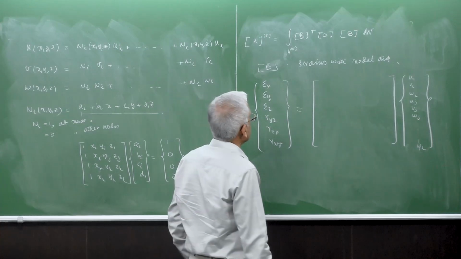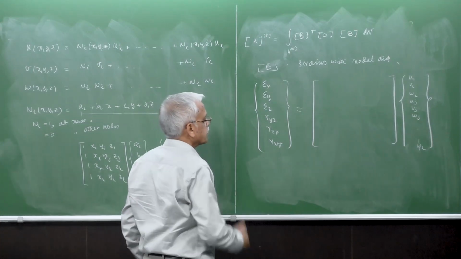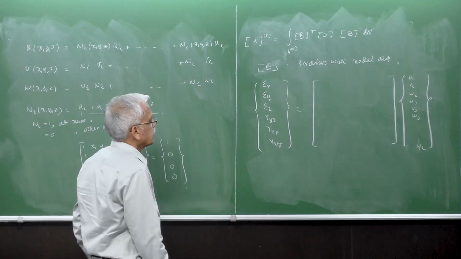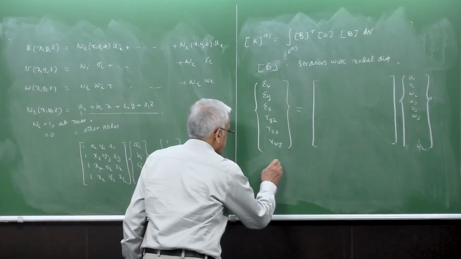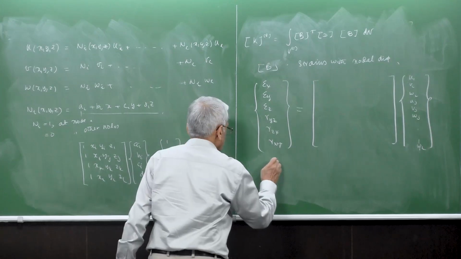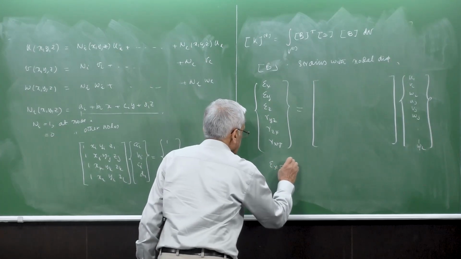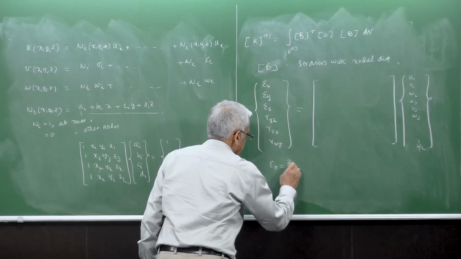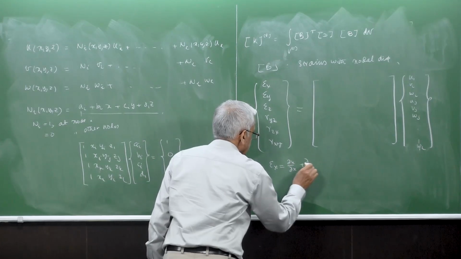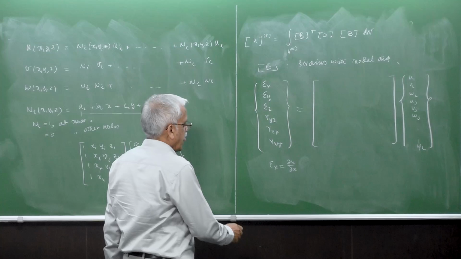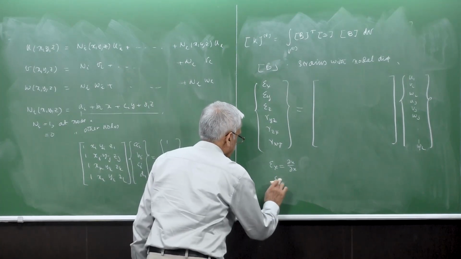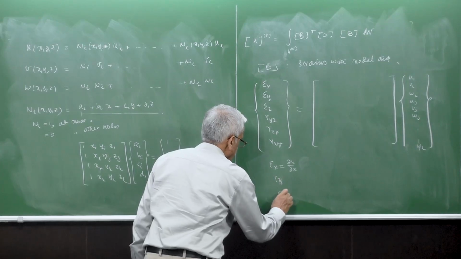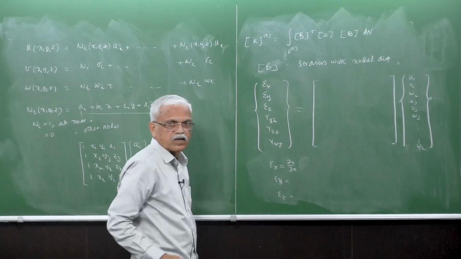So this is how we'll write it. Essentially, what is epsilon x to start with? If you recall, epsilon x is dou u by dou x. And similarly epsilon y and epsilon z.